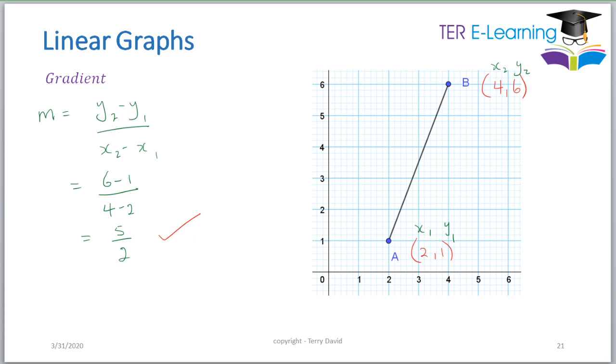That's the answer. If you put 2.5, that's also okay. You'll get the mark. But I'll explain in the next class why we should leave it as 5 over 2. All right, cool. So the answer is 5 over 2.